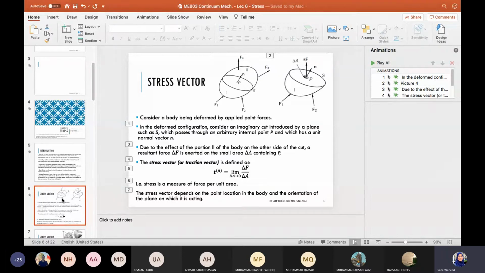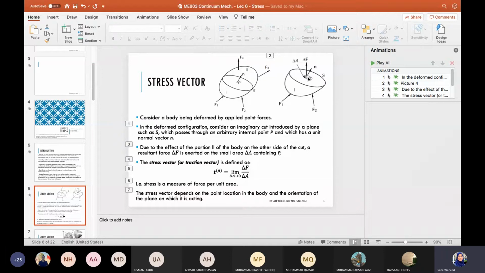So the idea is that we make these imaginary cuts within our continuum body. And on these cuts, if we just consider an infinitesimal area and define the force on it, then this force per unit area for the infinitesimal area is the stress.